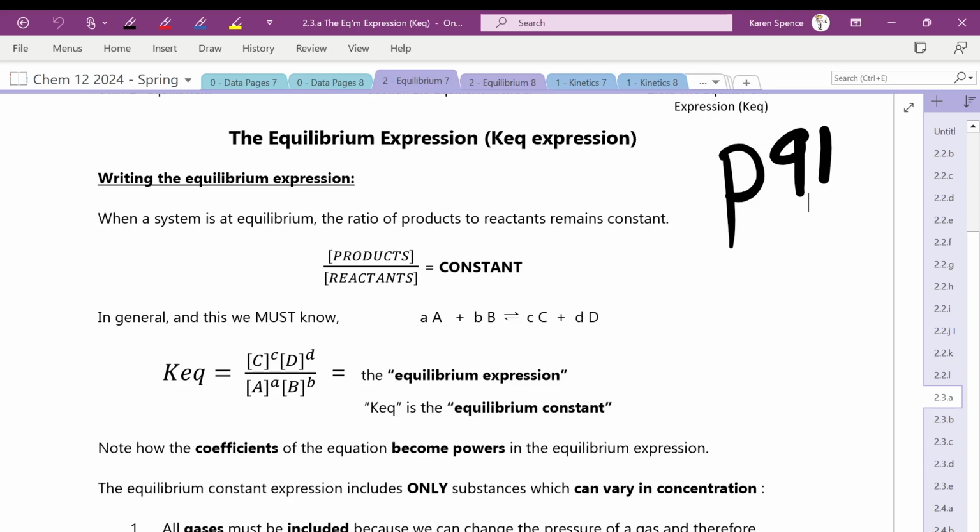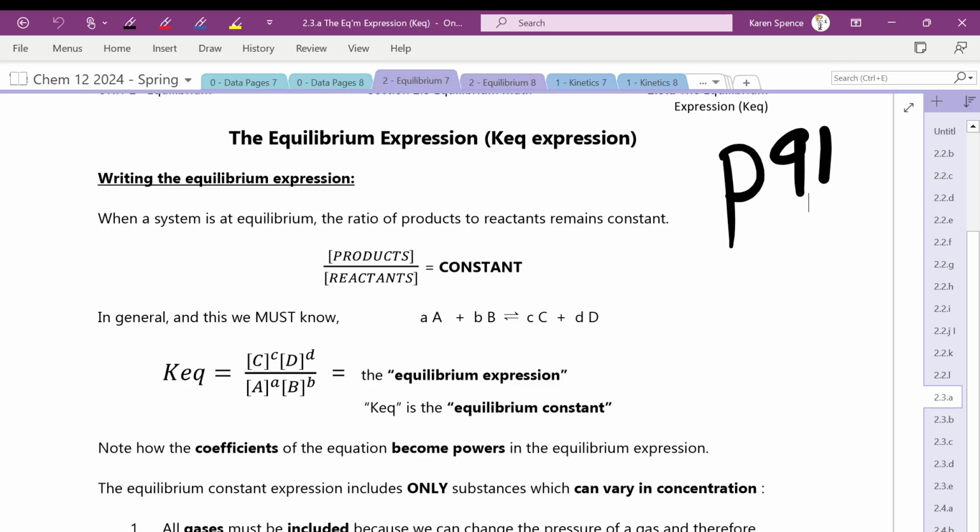Do them on your own time. And tomorrow is the quiz. Okay, KEQ expression, page 91.